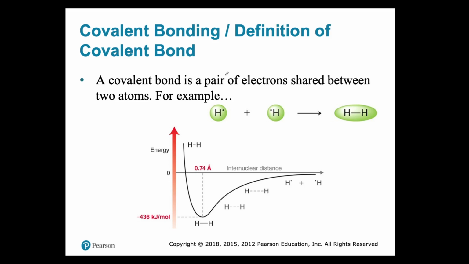Does that make sense? The only way you're going to get a bond formed is if the attraction is stronger than the repulsion between the two nuclei or the two electrons by themselves.